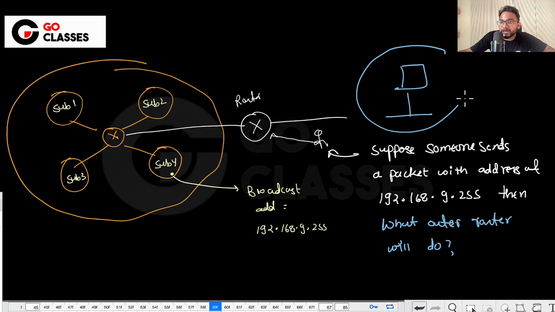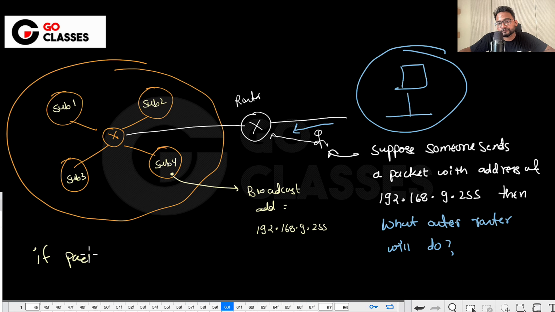For the outside host, this address is always the broadcast address of all the subnetworks, or all the hosts. So if the packet is coming from outside, it will be forwarded to everyone, because the outside host doesn't know anything about the internal structure.